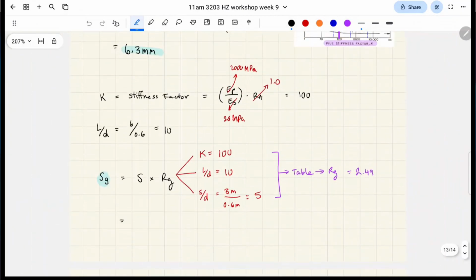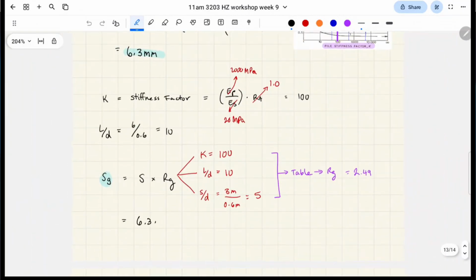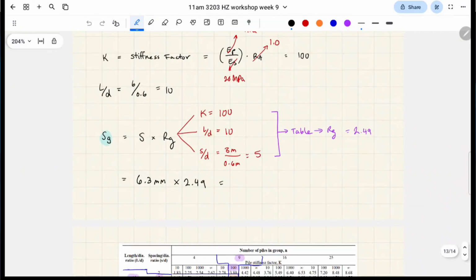Settlement was 6.3 mil, and we multiply that by that factor, 2.49, and this gives our group of piles settlement. That is 15.77. Okay, cool. That's the end of the question.